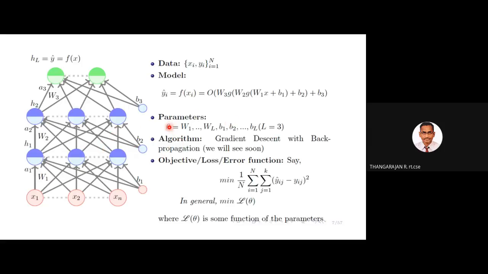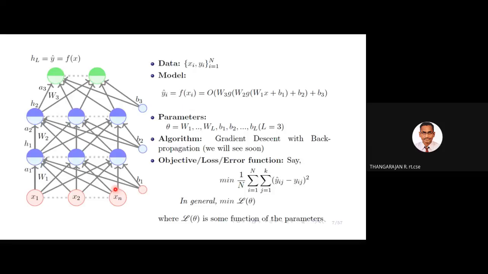Till yesterday we were using theta as the threshold, but from today we will use theta for the parameters that are learned in the neural network. It is a slight abuse of notation, but do not get confused.